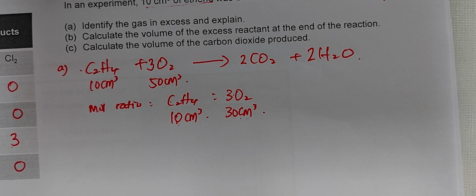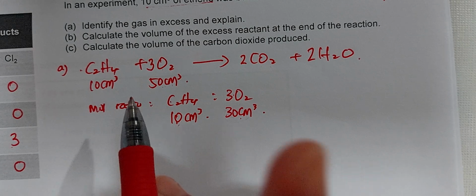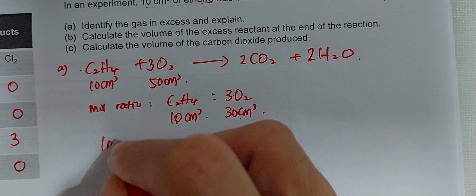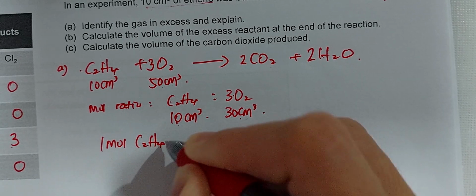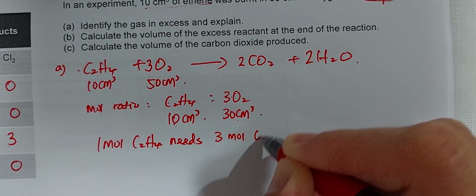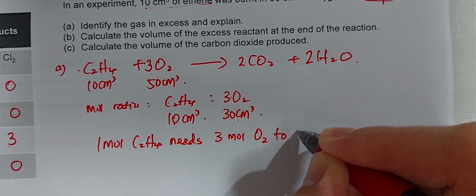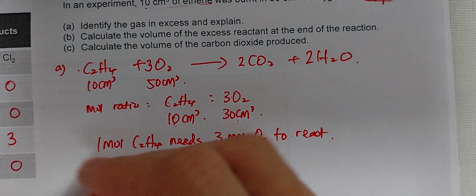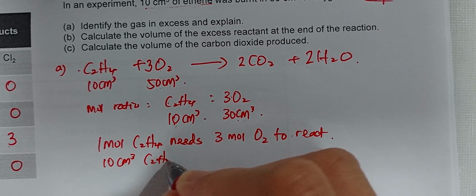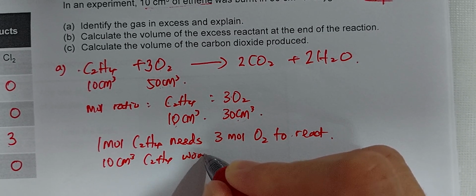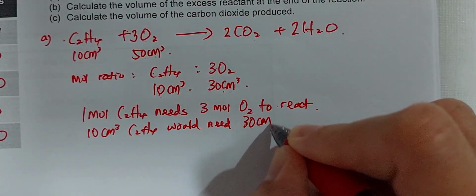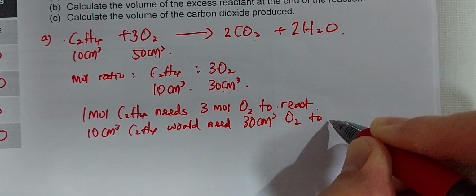But how do you explain? Same thing. Always start off your explanation by referring to the balanced chemical equation. So you can just say 1 mole C2H4 needs 3 mole oxygen to react. So now 10 cm3 C2H4 would need 30 cm3 oxygen to react.